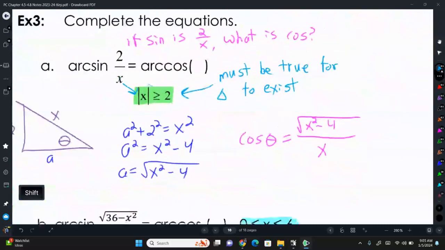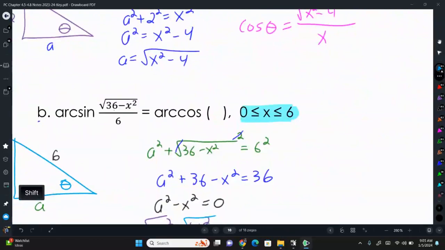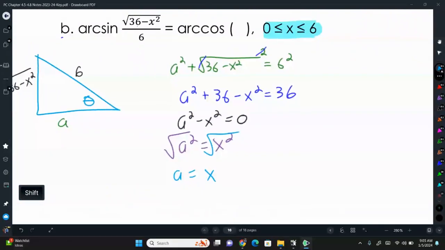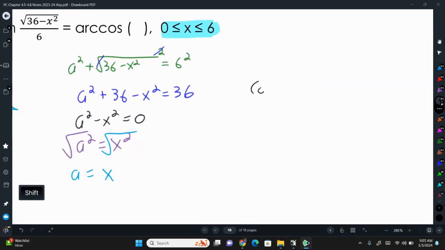We're getting the problem in terms of x, where it's something equals an expression that has x in it. So our adjacent side is equal to x. So then that makes the cosine the adjacent side, which we calculated was x, over the hypotenuse, which is 6.